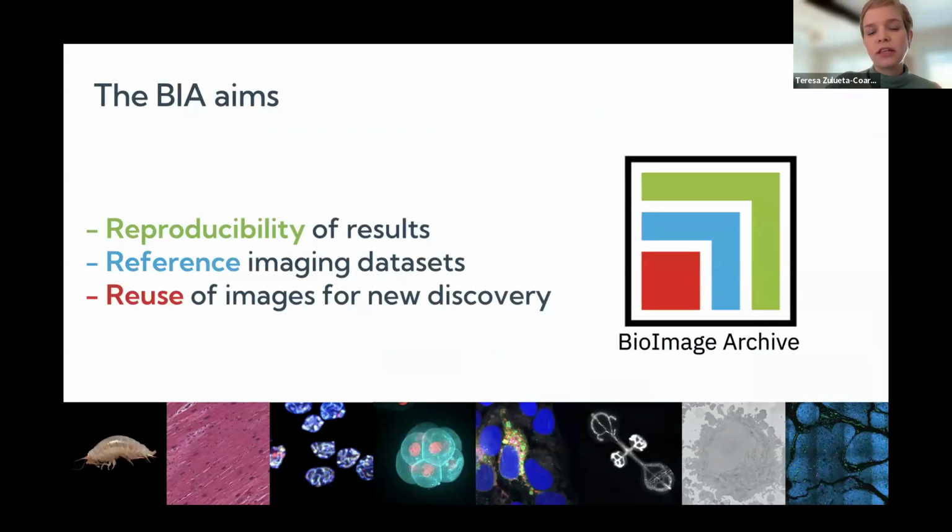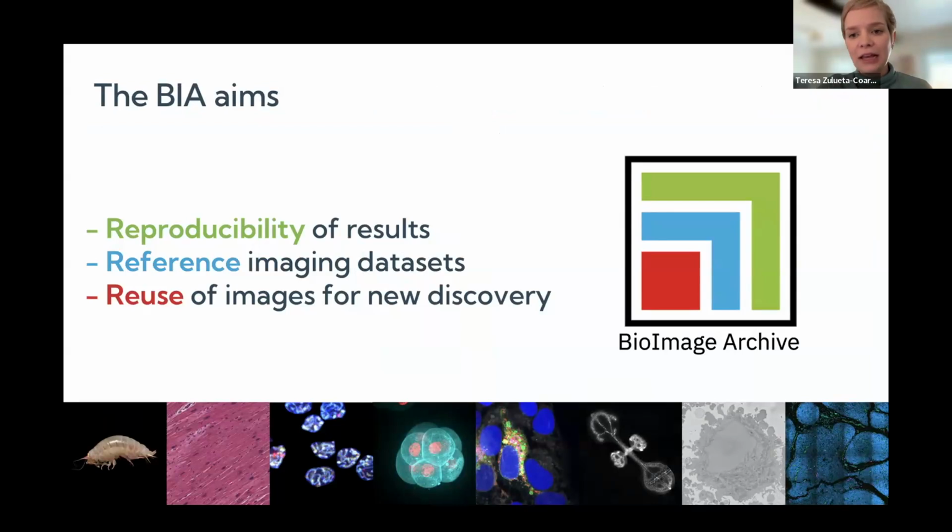So what we aim to achieve with the Bioimage Archive is to enable the reproducibility of public scientific results. And most of our submissions are related to scientific publications, but we also serve reference data sets that are useful for different communities. So we have, for example, cell atlases or benchmarking data sets. And finally, we really want to promote the reuse of biological images.